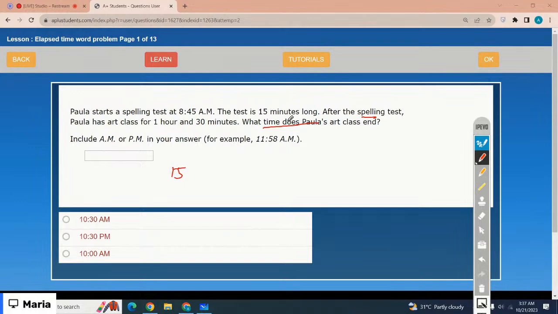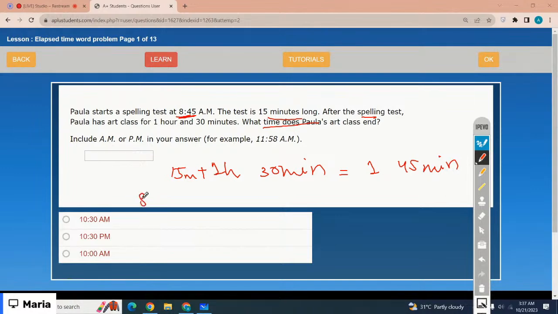Okay, so 15 minutes for the test and 1 hour and 30 minutes. Just add them, right? Add minutes to minutes. 1 hour and 30 plus 15 is 45 minutes, right? 1 hour 45 minutes. Okay, she started from 8:45.